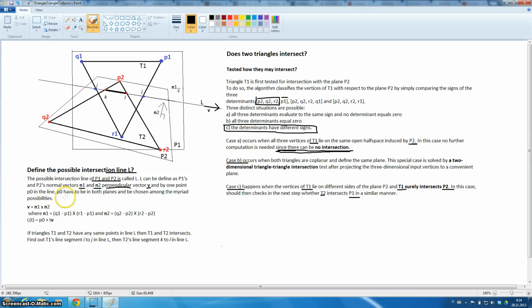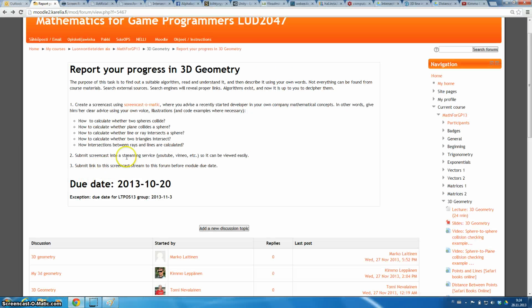And so on, we find that line, and then we have to find those I, K, L and J on that line. And when we have found those points, then we know how this triangle intersects the other triangle.